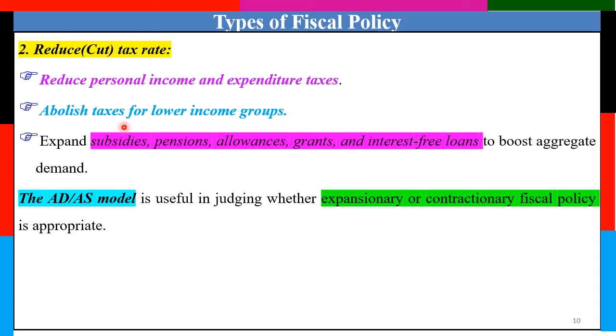This abolishes taxes for the lower income groups. This stimulates what? The aggregate demand. The government may also expand subsidies, pensions, allowances, grants, interest, free loans. Such types of activity may do what? Boost or increase the aggregate demand.